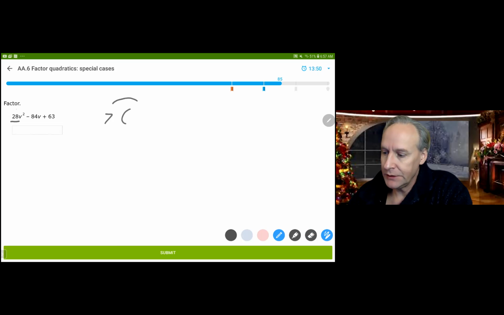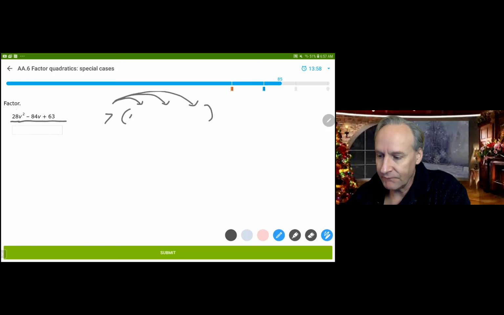And again, I'm undistributing. I just want to know, what do I have to multiply by 7 to make this trinomial? I need a 4v squared. I need a minus 12v to get the minus 84, and I need the plus 9 to get the 63.